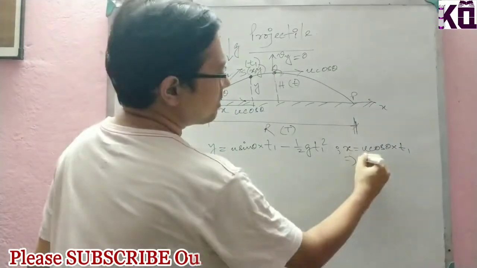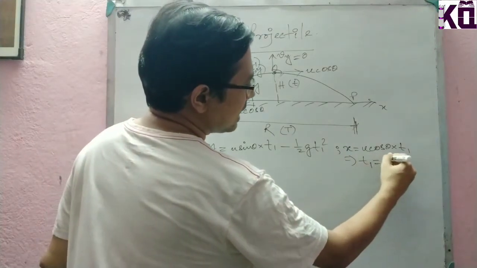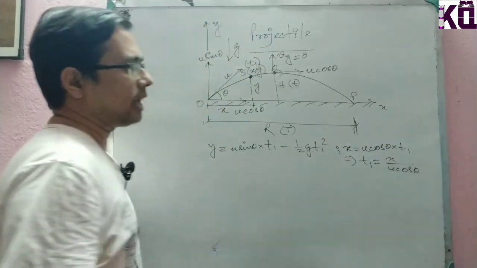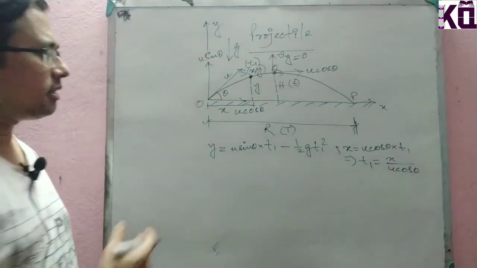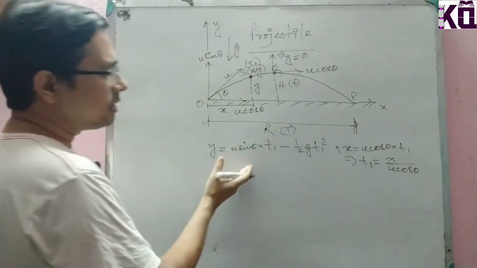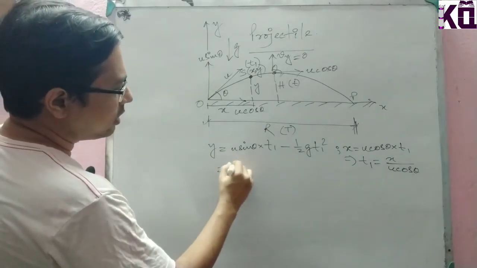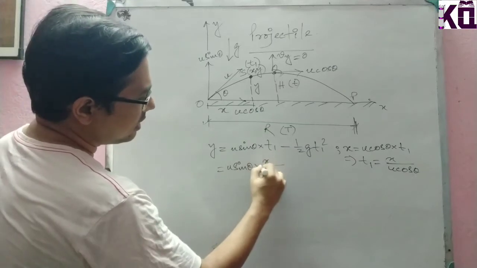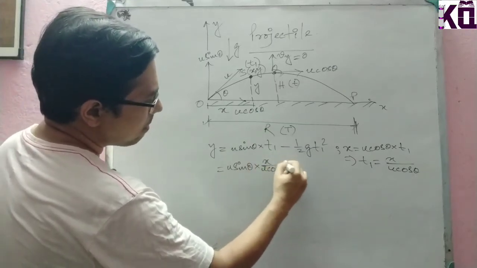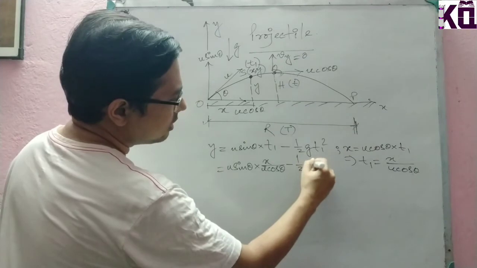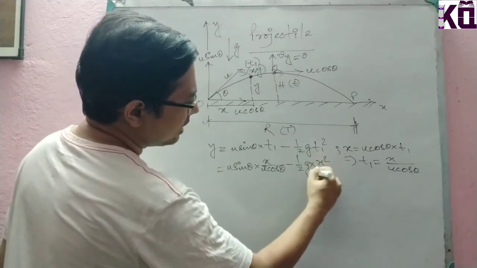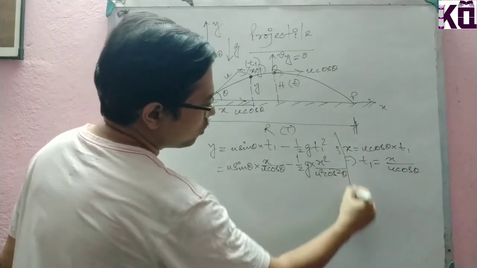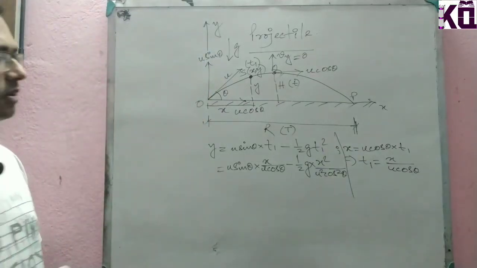Now I substitute t1 as x by u cos theta: u sine theta multiplied by x by u cos theta, minus half g into x square by u square cos square theta.